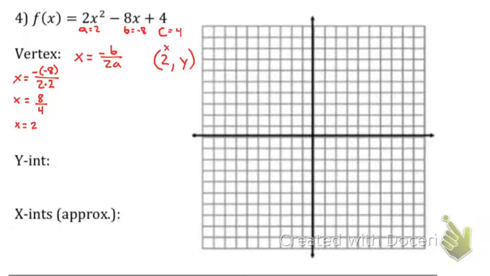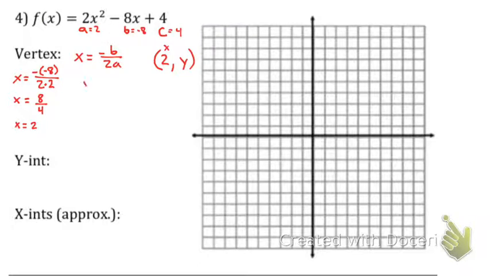Now we're going to use this x value to find our y value. The way we do that is take your x value and plug it into your original standard form for every single x. So let's take our standard form. Again, we're going to turn f of x into y.